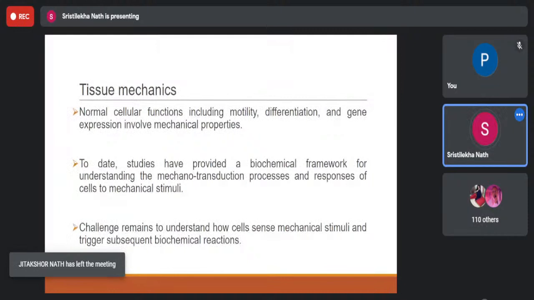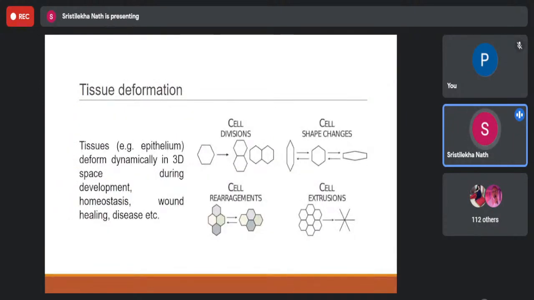Today, studies have provided a biochemical framework to understand such mechanotransduction processes and responses of cells to such stimuli. But the challenge still remains to understand how cells sense mechanical stimuli and then trigger subsequent biochemical reactions.